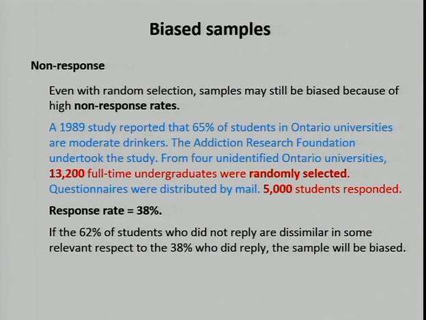Other forms of biased samples. Even if we have a random sample, and this is back to our Ontario study that we looked at earlier, here the students have been selected. They've not just been asked to participate in a study about alcohol use in Ontario, but we have a fairly low response rate. So that in itself can introduce something really similar to a selection bias, namely non-response bias.